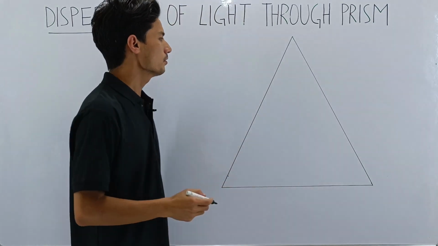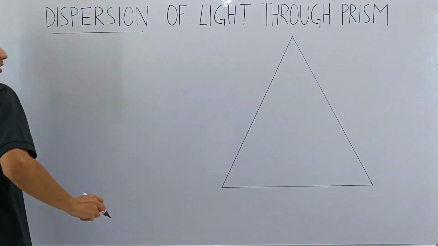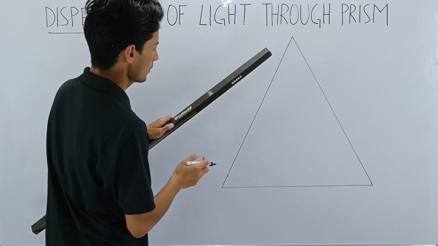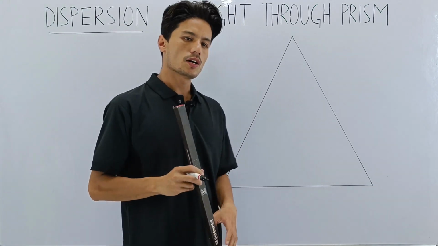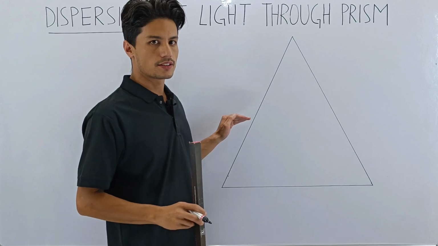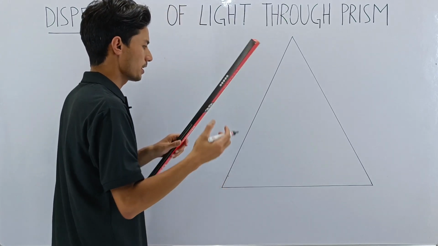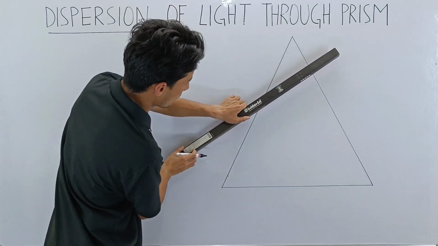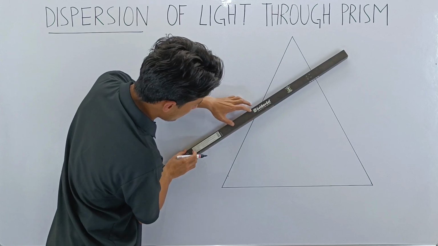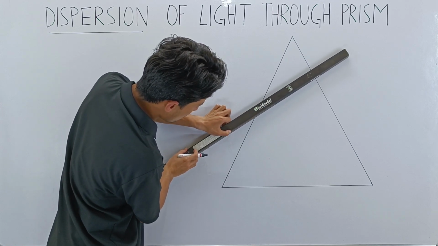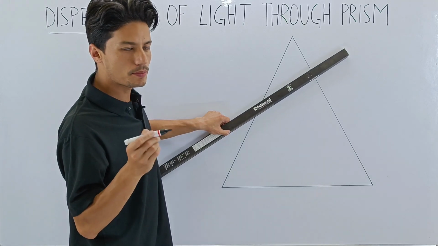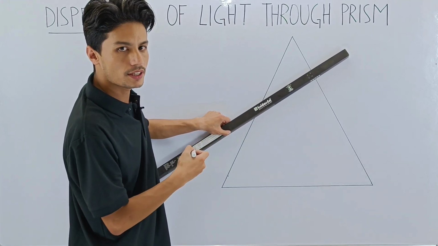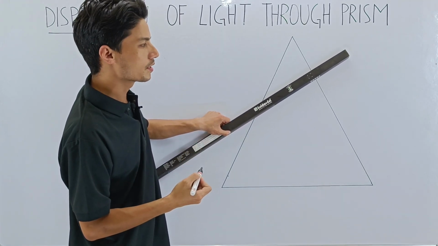Now let's draw a ray of light. We are going to study dispersion of light, and in order to study it, we need a single ray of light. So let this be the ray of light. I will draw this, and I request you, my dear students, to grab a notebook, pen or pencil, and draw along with me, because that's the best way to learn.